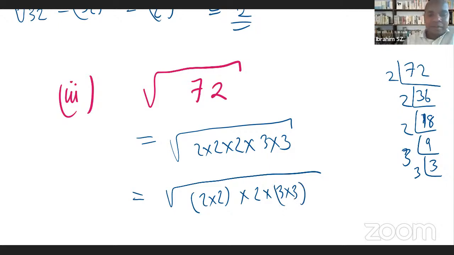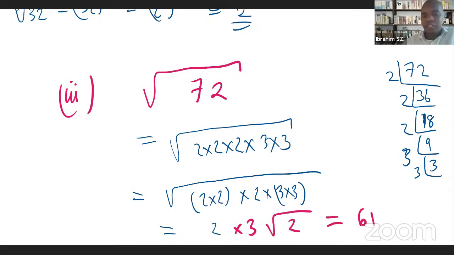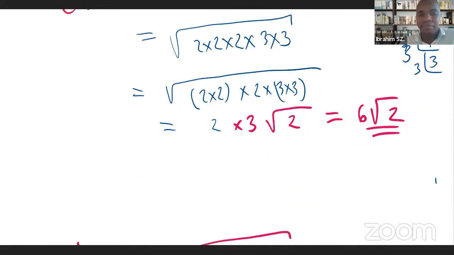So basically you can see here that this is equal to 2 times 3, then under the square root we have 2 remaining. So the answer is going to be 6 root 2. Okay, so that is finding square roots, doing radical operations by prime factorization.